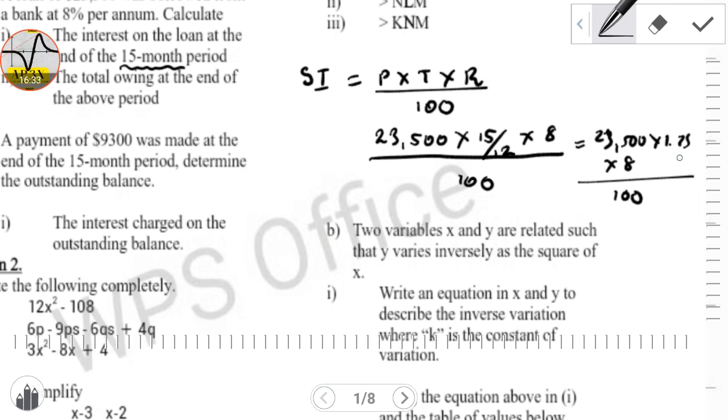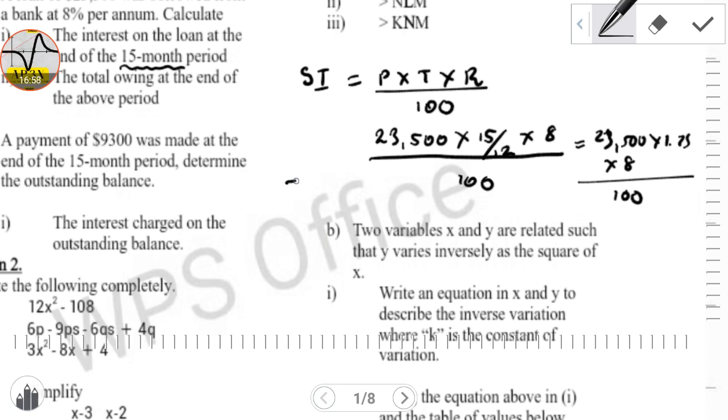I did give some of you half mark for writing down that aspect, because you did show that you understood what needed to be done, but you made the error with the 15 divided by 12. Now, I would not have used the decimal if it was me. I would have simply brought down the 12 and multiplied by 100, which would give me a divisor of 1200 as opposed to 100.